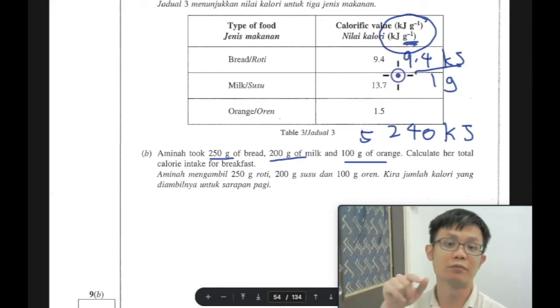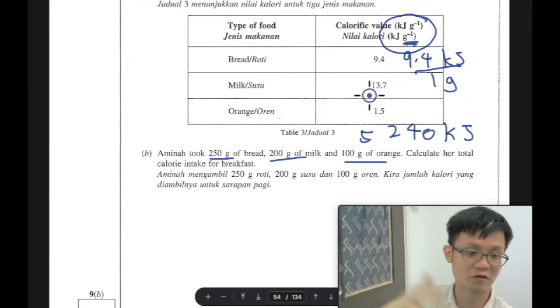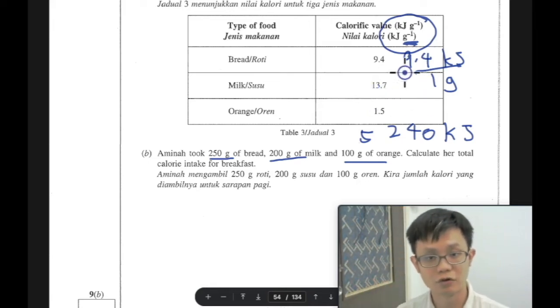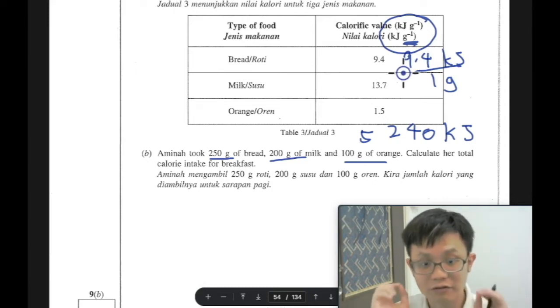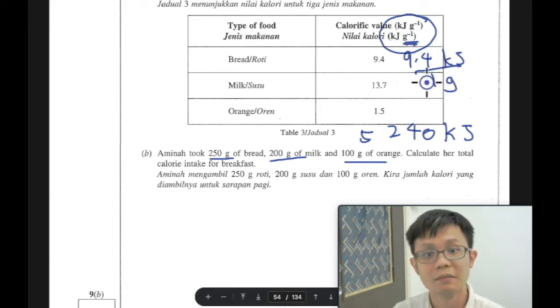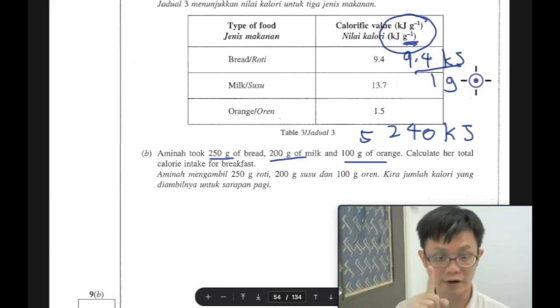The question can even put 9.4 joule in 1000 gram or 1 kg of food. So the first thing to get it right is to get the unit right. You see the unit, kilojoule per g^-1, means there is 9.4 kilojoule in 1 gram.